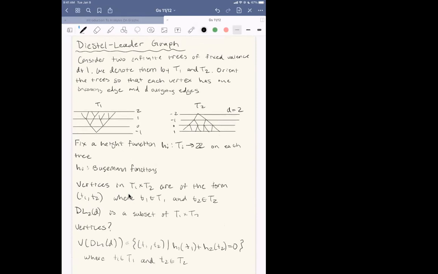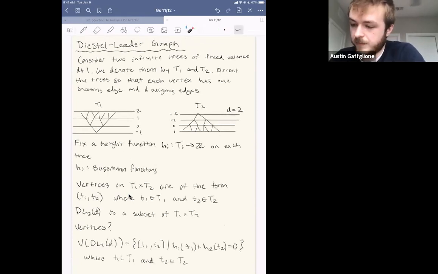So in this construction we had right here, vertices in our Diestel-Leader graph are going to be vertices where the sum of the heights is equal to 0. So they're vertices that correspond to the same horizontal layer. So in this case, I have a vertex here and a vertex here.